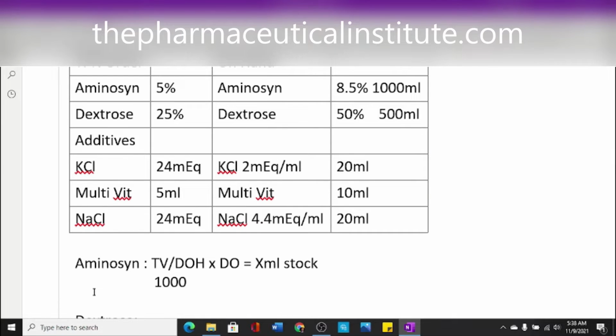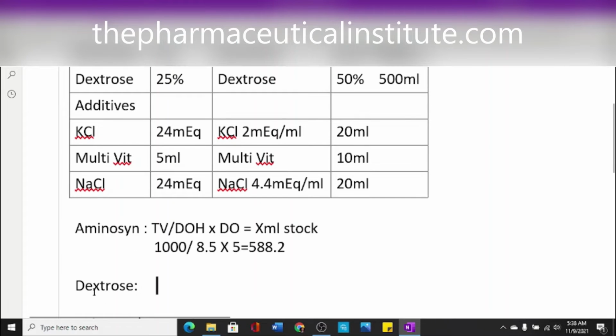We'll divide that by our stock dose, 8.5%, times the dose ordered. The physician ordered 5% of aminosyn. That equals 588.23 milliliters, but we're only going to round to the nearest tenth place, 588.2.